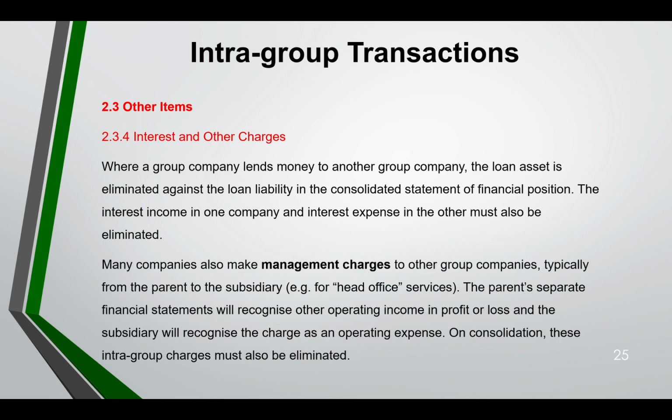Many companies make management charges from parent to subsidiary, for example, for head office services. In the parent's separate financial statements, they can recognize it in their profit and loss statement as other operating income. And the subsidiary will recognize it as an operating expense. But on consolidation, these management charges are eliminated.